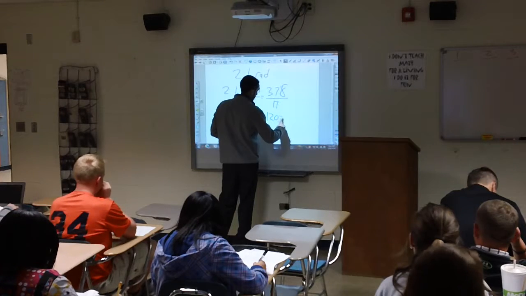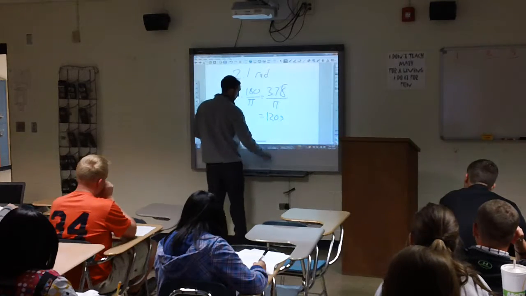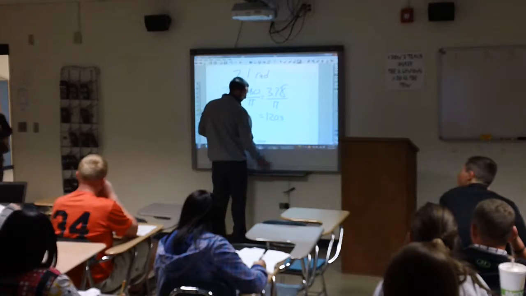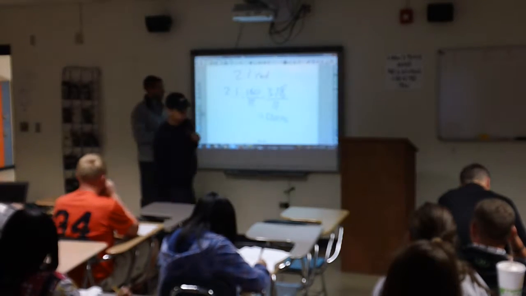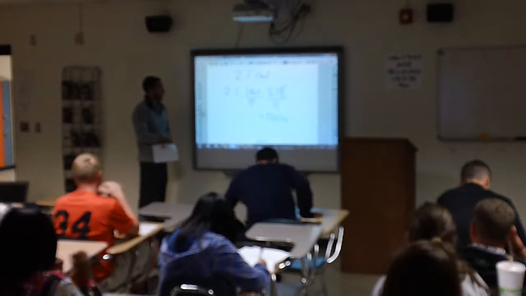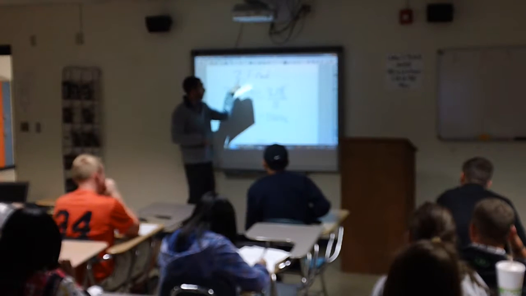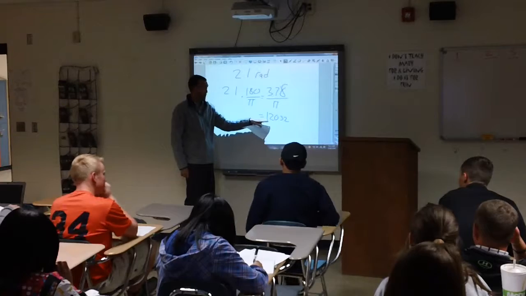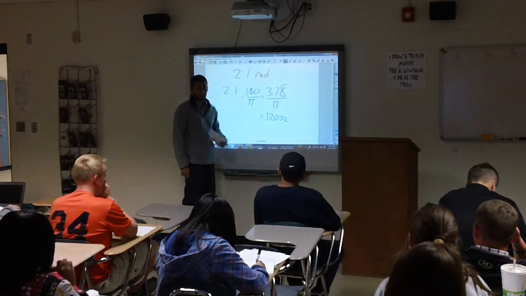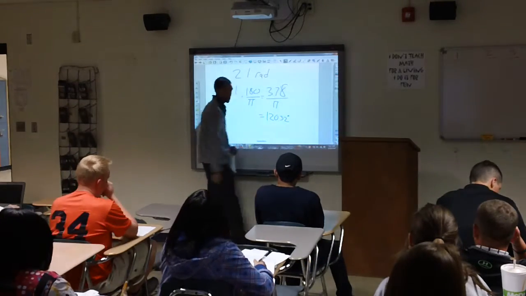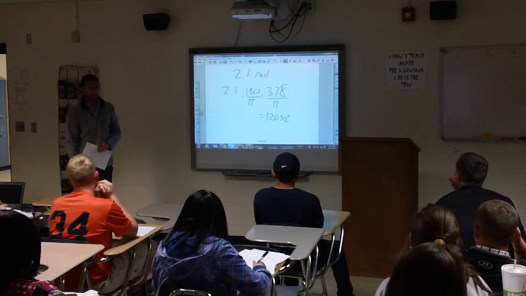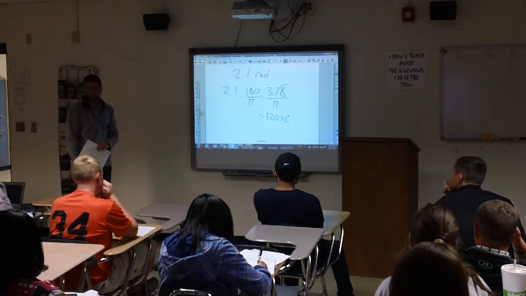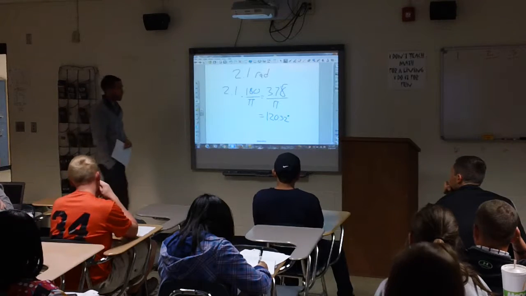So that is my degree measure. So 2.1 radians is about 120.32 degrees. Good.